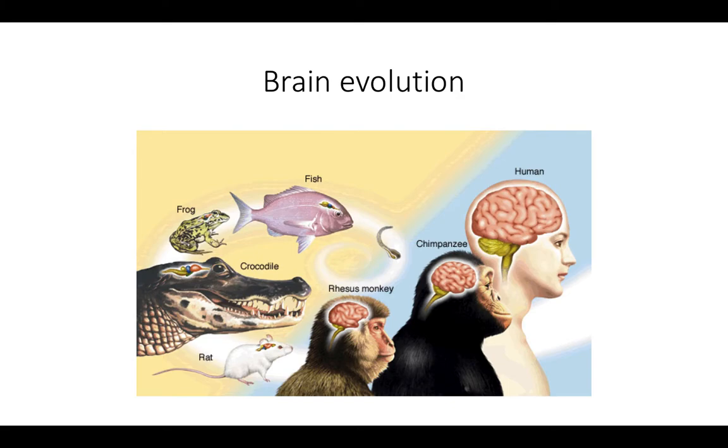So we talked about brain evolution a little bit in class, and the idea that the human brain didn't evolve from scratch, but has this structure we have evolved from earlier mammals, which evolved from earlier vertebrates, reptiles, and amphibians, and even before that, the simplest animals with a nervous system.